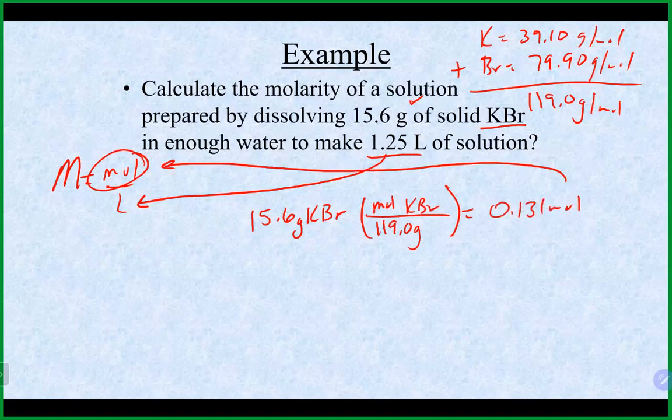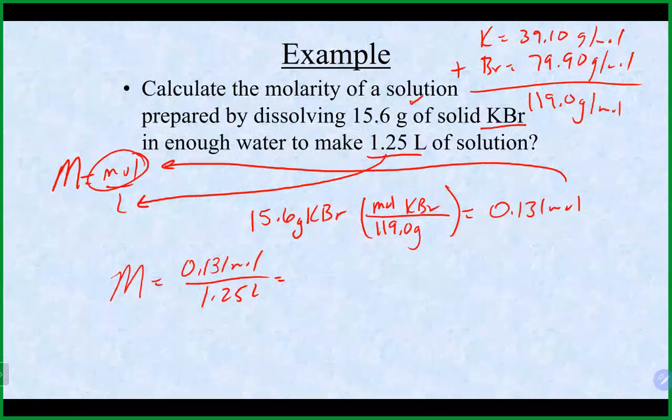So now that we have the top and the bottom here, we can calculate the molarity. That will give us 0.131 moles over 1.25 liters.